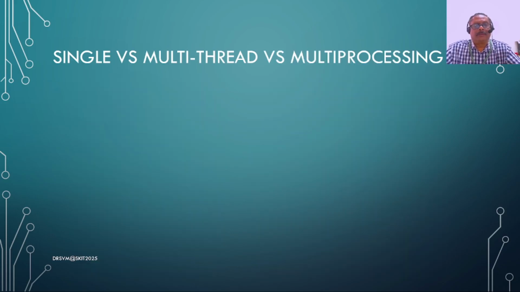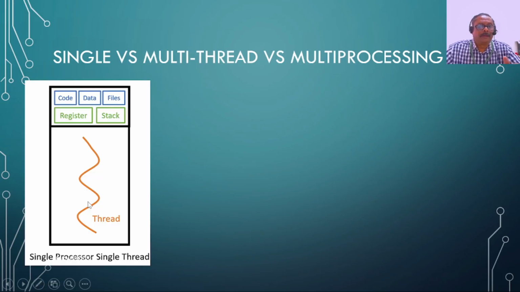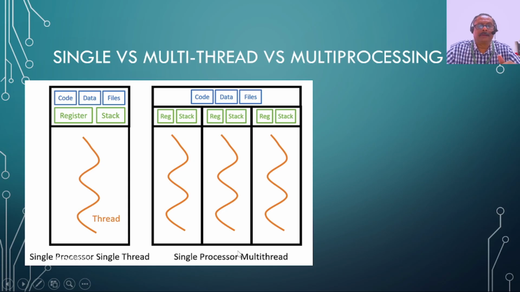Now looking at one more confusion: single thread, single processor; multi-thread, single processor; and what about multi-processing? The single thread, single processor case is just the same thing we have seen before. Here we have everything in one copy, whereas when we have a single processor with multiple threads, the code, data and files are one set, while each thread has its own register and stack contents stored in the memory.